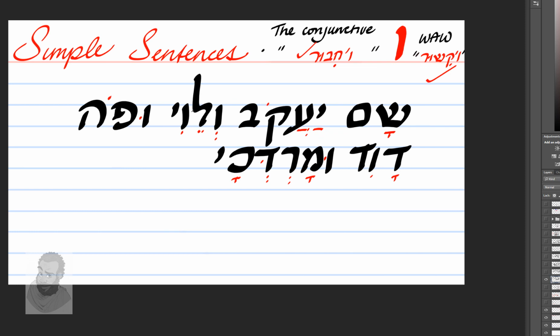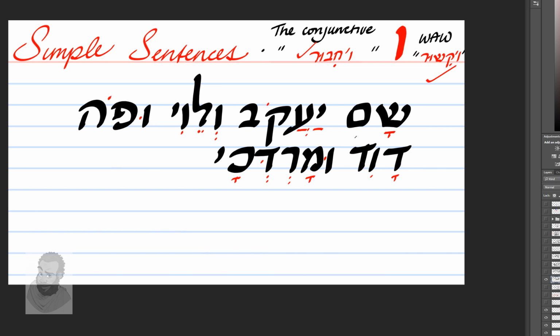Levi is Levi. So there, remember the R, we'll put that in parentheses. The R is not really there in Hebrew. So there, Jacob and Levi. Ufo, remember not we, po, but ufo, and here are, okay, we'll float that around as are, David and Mordecai. Okay, so Sham Yaakov ולוי ופו דוד ומרדכי.